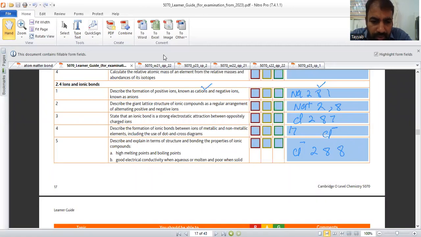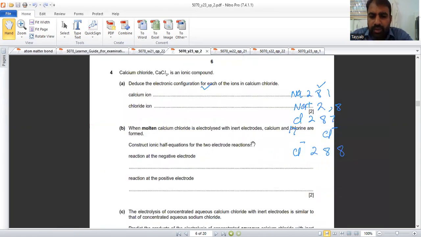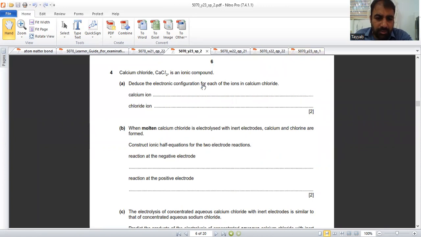In the specimen paper, it asks for the electronic configuration of the ions. For example, calcium chloride. In calcium chloride, there are two ions. First, you have to identify which ions are present, Ca2+ and Cl-. Deduce the electronic configuration for each of the ions in calcium chloride. You can take the help of the periodic table.